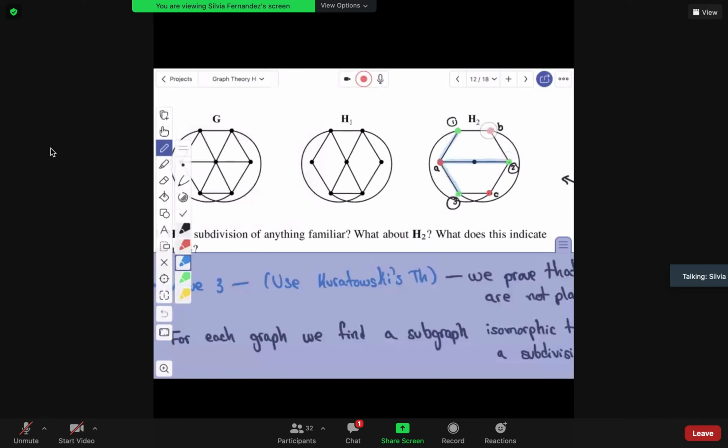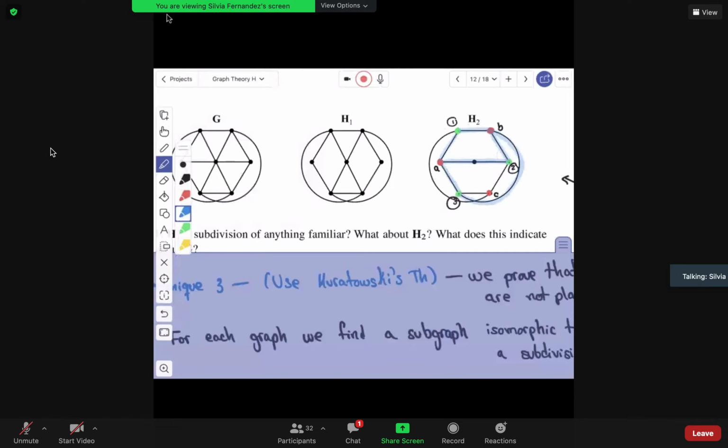So here, B is joined to 1, B is joined to 2, and, oh yeah, this one, B is joined to 3.